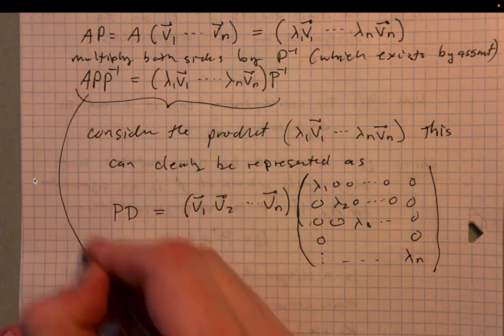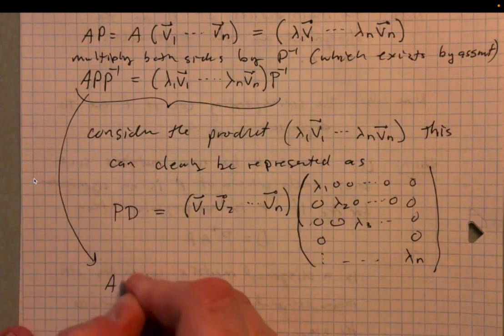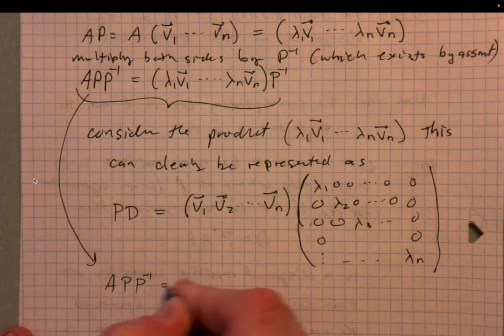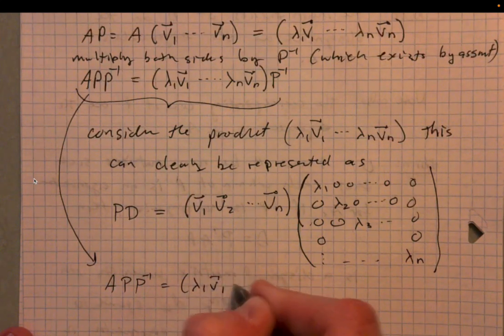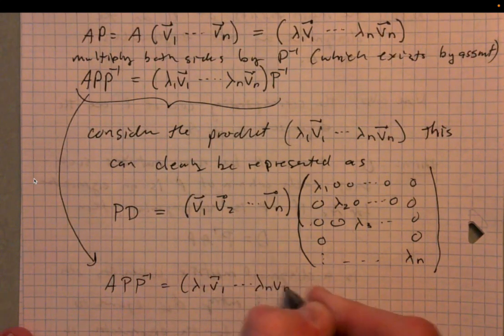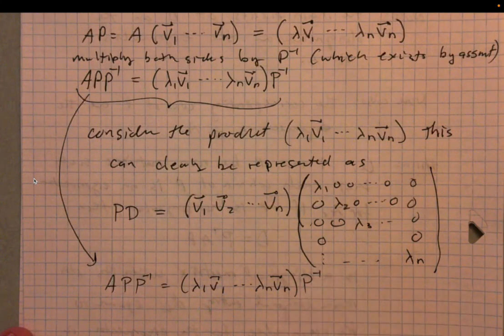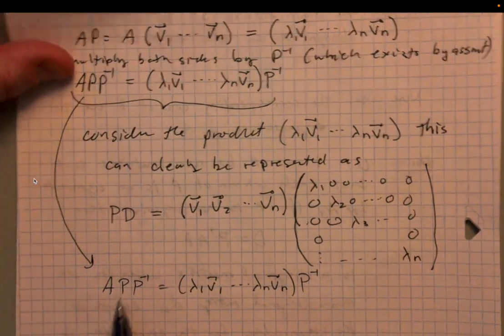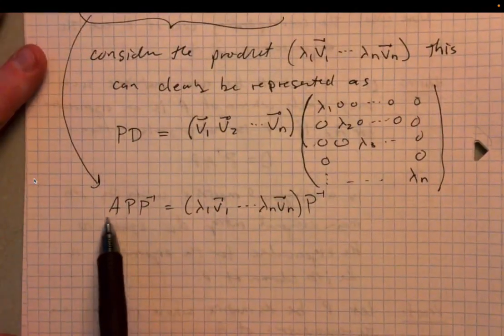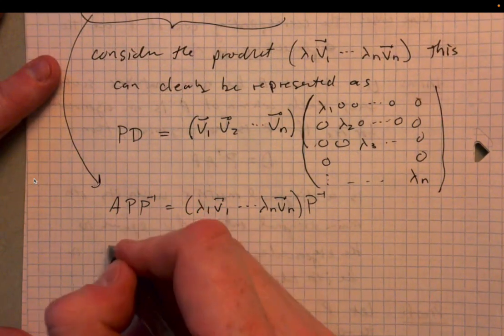And so let's bring that down here. What do I have? I have AP P inverse equals lambda 1 V1 dot dot dot lambda n Vn times P inverse. Well, what is on the left-hand side here? This is A times the identity, isn't it?